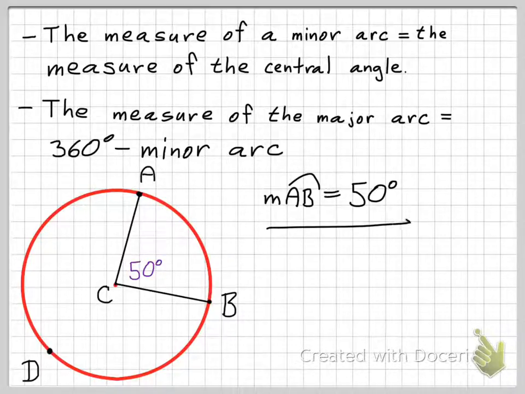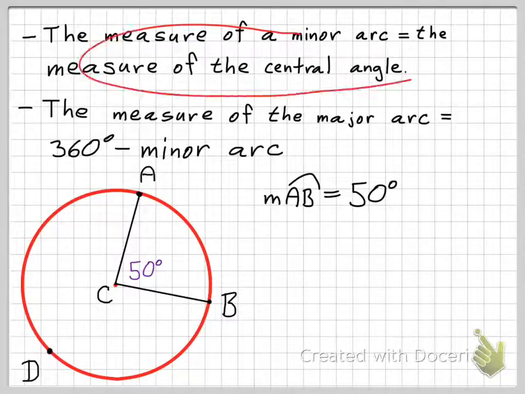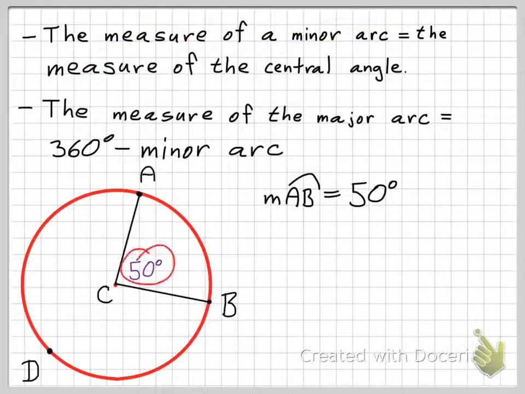Well, it's also 50 degrees, because the measure of a minor arc is equal to the measure of the central angle. So if the central angle is 50 degrees, this angle right here, made from those 2 legs, then the measure of the minor arc is also 50 degrees.